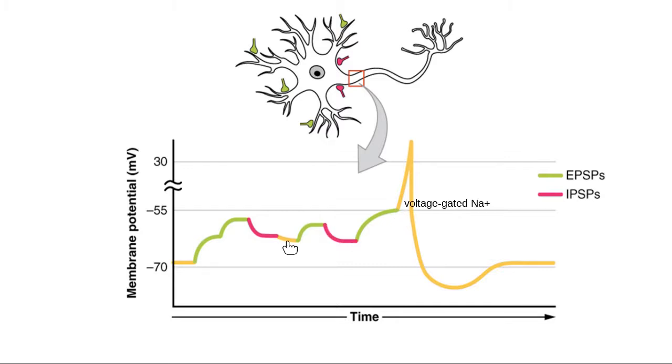All of this stuff that we saw down here, all of this mess, all of this was because of chemically gated channels. I got a chemical right here, a chemical right here, a chemical right here. All of this stuff that we saw happening here was because of chemically gated channels. And neurons have chemically gated channels for multiple things.